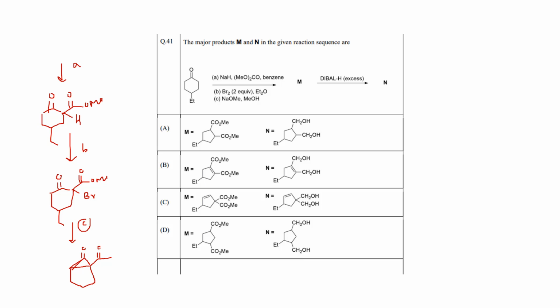Now as OMe minus is present in the medium, this OMe minus will add to this side. It will open up from here, as this negative charge is stabilized by this carbonyl compound. So it will open up from this bond, and we will get this 5-member ring, with an ethyl group here and a CH2CN group.